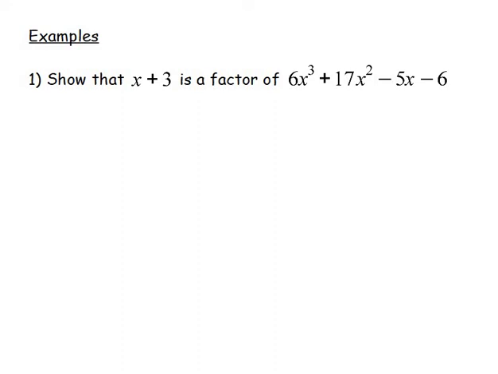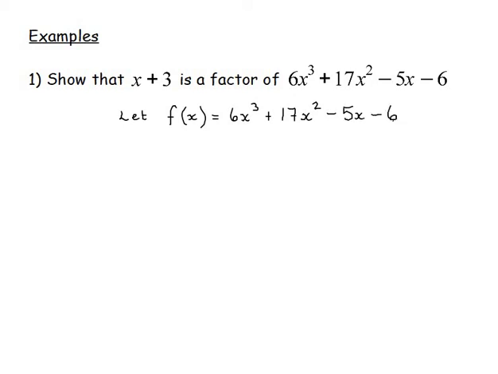So it says show that, so notice you're proving it. Show that x plus 3 is a factor of 6x cubed plus 17x squared minus 5x minus 6. So just like we did for the remainder theorem, we're first going to write let our f of x equals 6x cubed plus 17x squared minus 5x minus 6 down.